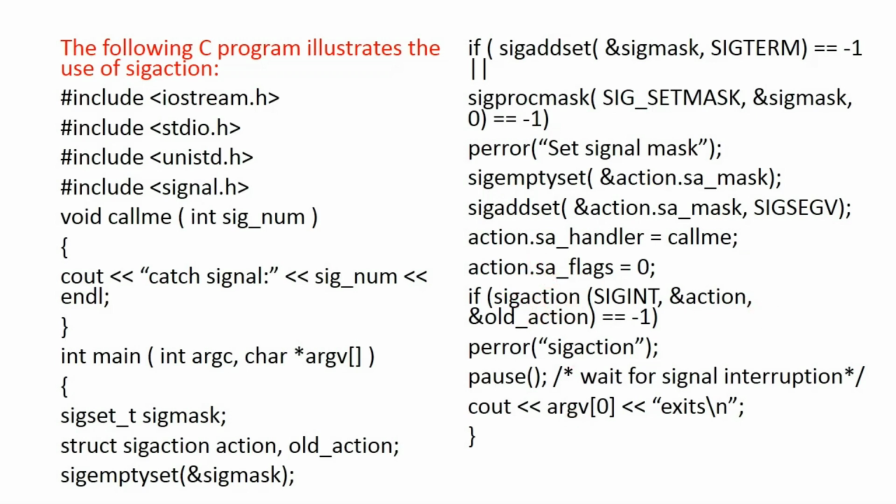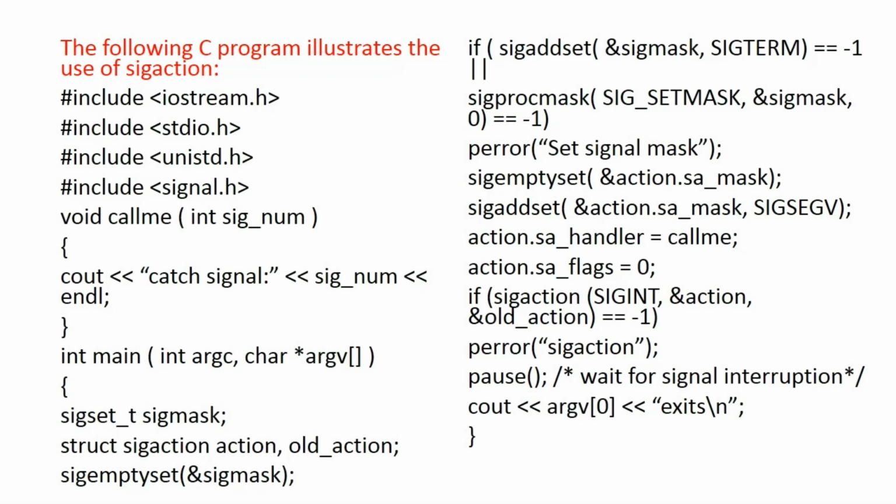Otherwise, the signal SIGINT is set in the signal mask. After adding the signal SIGINT to the signal mask, you are calling the pause API just for the interruption. After setting the mask, the pause API will get executed to interrupt or terminate the program.